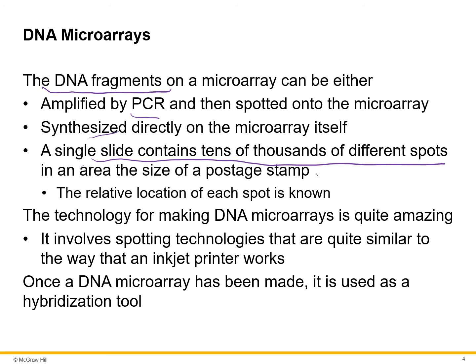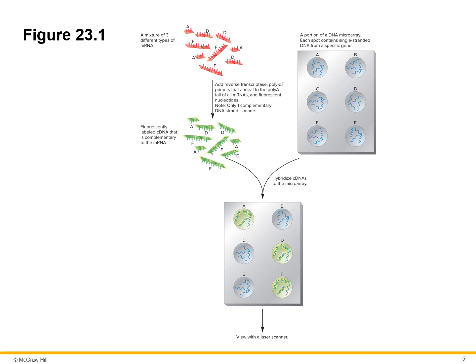The computer knows the location of each spot and what DNA sequence that spot represents. It's kind of like an inkjet printer or like your TV, the pixels, where you have so many different pixels coming together. So that's the development of the chip itself.